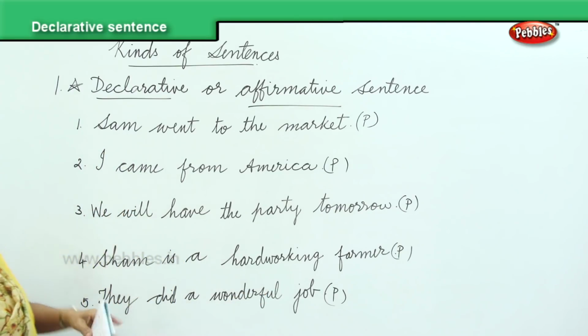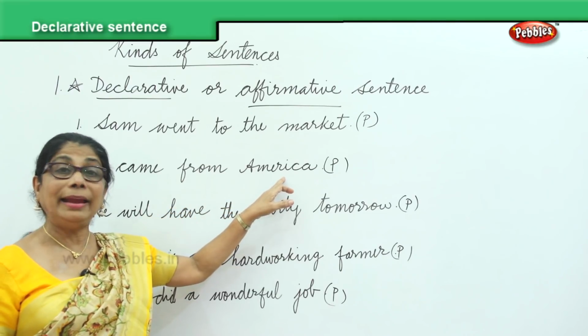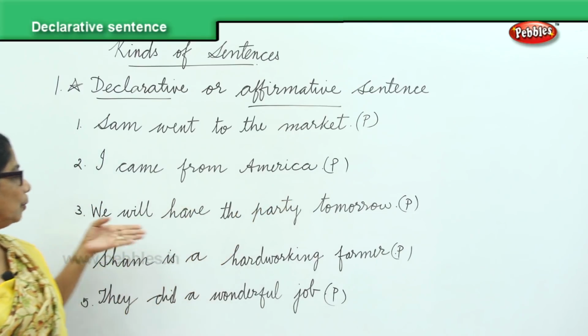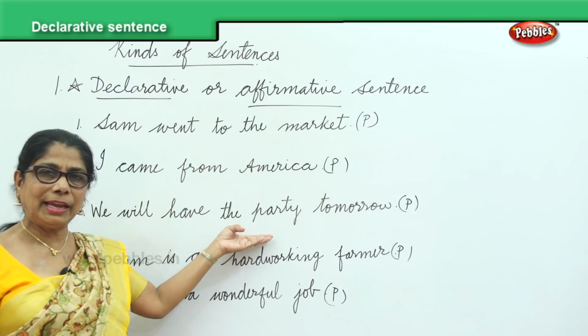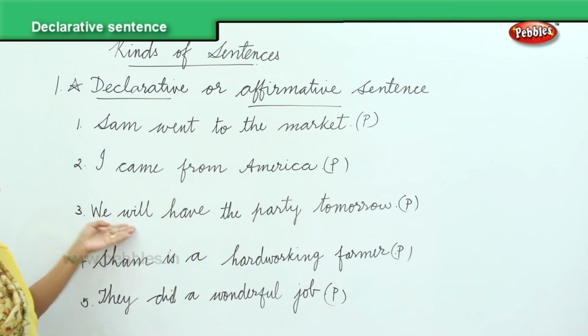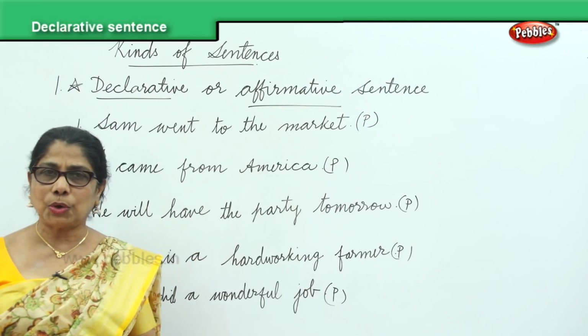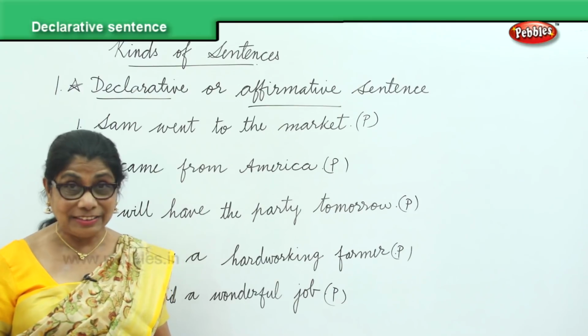Next one. I came from America. I did not come from America. We will have the party tomorrow. I'm making it to negative. We will not have the party tomorrow. That is a declarative, affirmative, negative sentence.